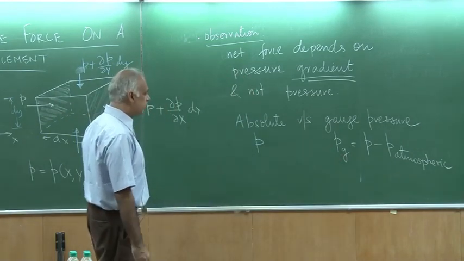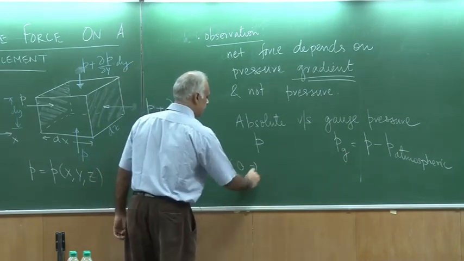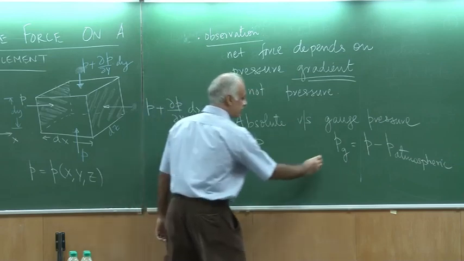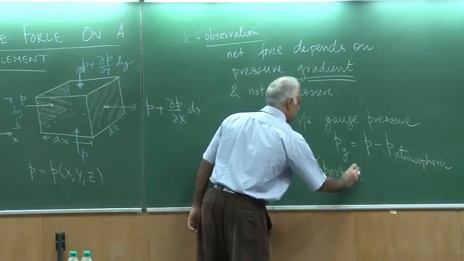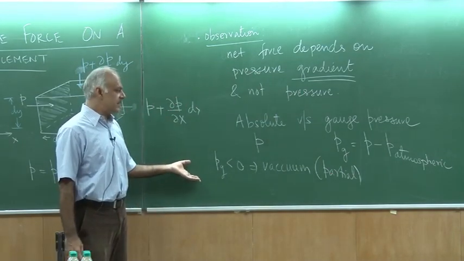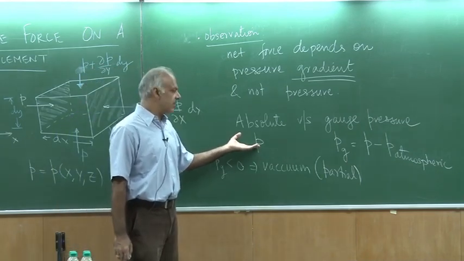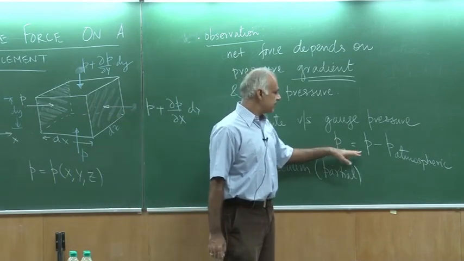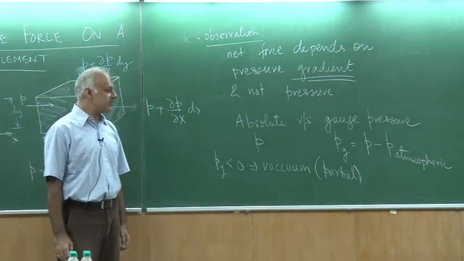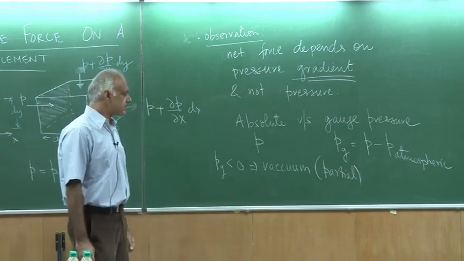In fact, it is very interesting to note that P gauge less than 0 would imply you have a vacuum, of course a partial vacuum. So wherever you have a pressure which is lower than the atmospheric pressure, that means you have a partial vacuum. Of course, a perfect vacuum would be when your absolute pressure is 0, and that would imply that your gauge pressure is negative of the atmospheric pressure, and we all know that it is very difficult to achieve. You would have to have an absolute 0 temperature for that, and so on and so forth. Great.